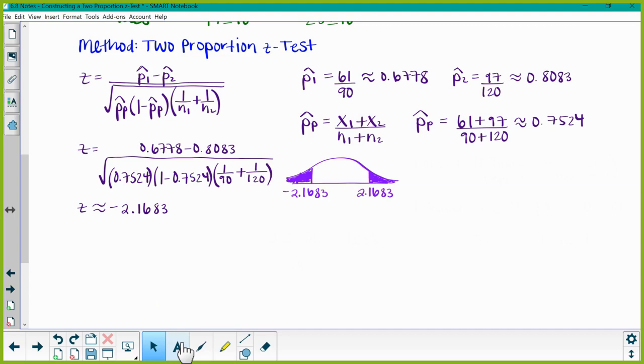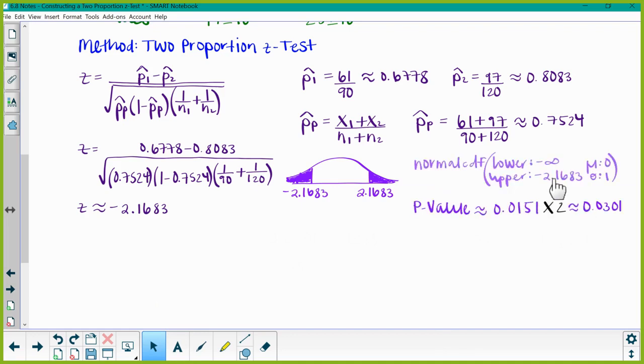The z-score cutoff for both of these shaded regions is the same number. One is negative, one is positive. You only have to find the area of one of them. It does not matter which one. I believe I picked the negative one. I went from negative infinity to negative 2.1683, mean of 0, standard deviation of 1.